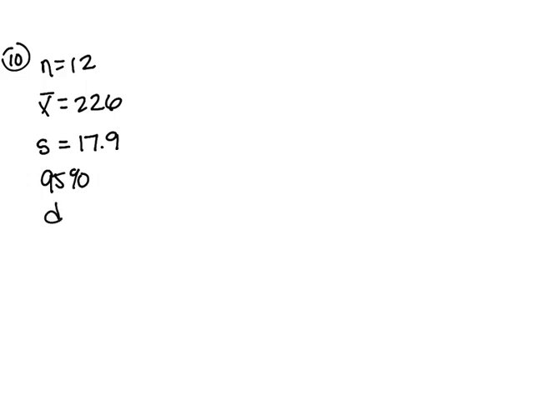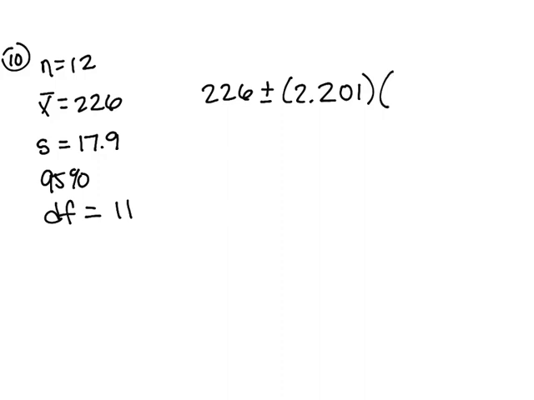So that means if you got 12 eggs, we're on row what? 11? So we're going to do 226 plus or minus 2.201, the z-score on row 11 at 95%, times 17.6 divided by the square root of 12.